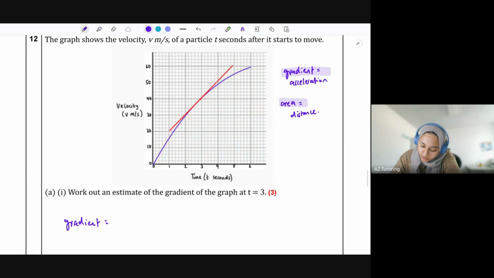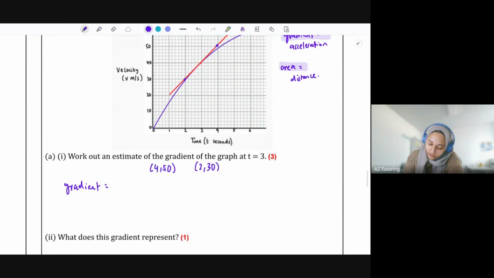Now it's quite tricky to do it on here, just because this graph might not be exactly what was in the exam. But I'm choosing a coordinate here. I can say 4, 50 there on the line. I could also choose maybe this one here, which is 2, 30. So I'm going to do the change in y, 50 minus 30, over the change in x, which is 4 minus 2.